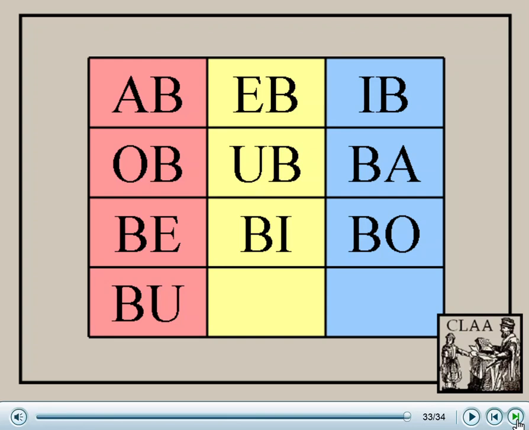Ba is spelled Be-A. Be is spelled Be-E. B is spelled Be. Bo is spelled Be-O. And lastly, boo is spelled Be-oo. You should be able to read these syllables and spell these syllables.